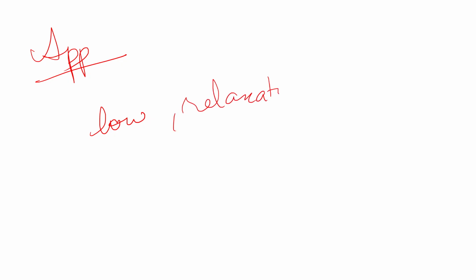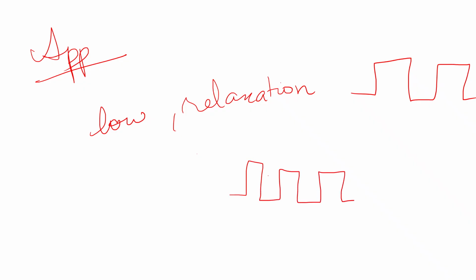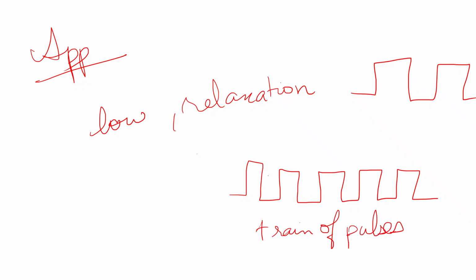Some of the basic applications of an astable multivibrator are low clock frequency pulse trains and relaxation oscillators. They can be used as relaxation oscillators as they generate continuous pulses like this. So what is the waveform that could be obtained? Since it is not in a stable state, a continuous train of pulses is possible in an astable multivibrator.